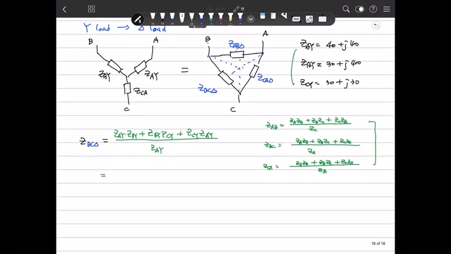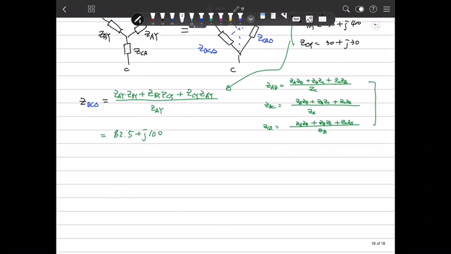So we apply the variables into there. Then the calculated result is 82.5 plus j100. In the same manner, we can do that.